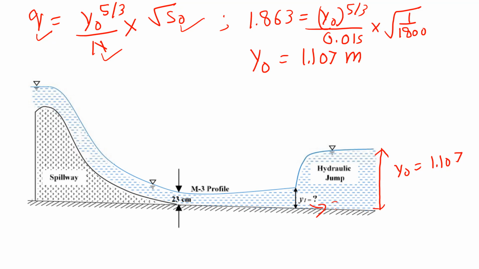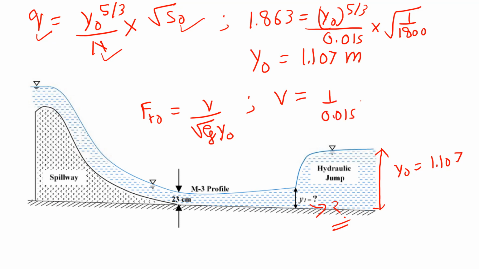Corresponding to that, we have to find out y1. This can be done by using Belanger's momentum equation, but for that we need to find the Froude number. Froude number FR0 equals V divided by root g Y0. For that we need to calculate V first at this point. V will be equal to 1 by 0.015 into 1.107 whole to the power 2 by 3 into root of 1 by 1800.